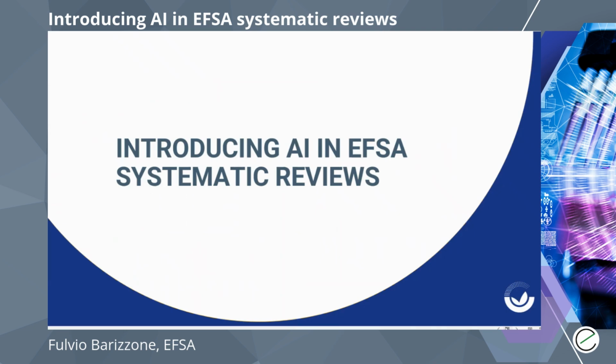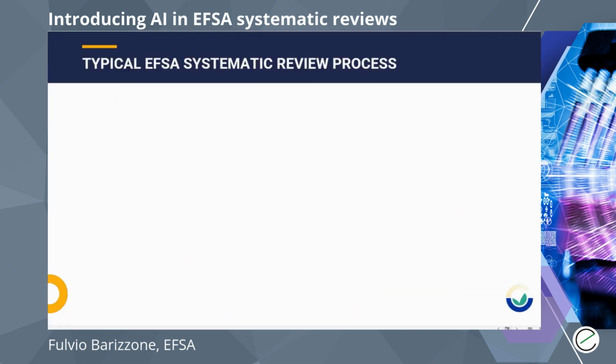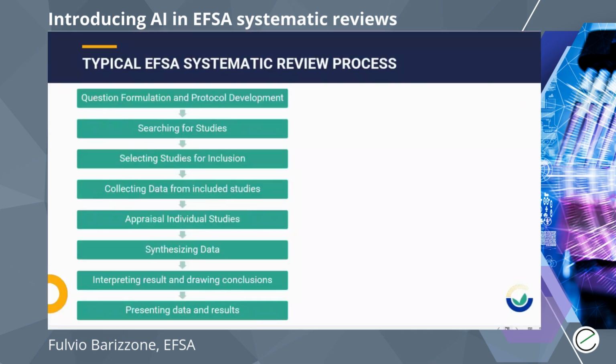So with all this, where do we have AI working in the systematic review process in EFSA nowadays? If we look at the typical EFSA systematic review process with all the different steps, the platform that we use nowadays is called Distiller, the name doesn't matter, but it is where we put all the information.